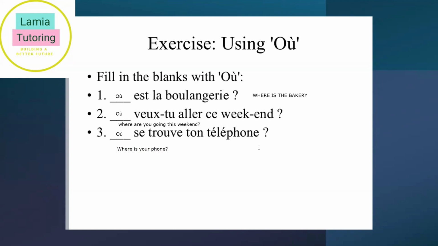Il se trouve. It's like saying il est and then somewhere. For example, if I say le restaurant se trouve à Vancouver, the meaning would be the restaurant is in Vancouver.